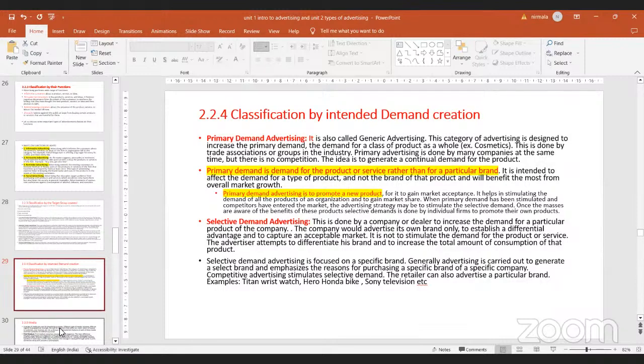That is primary demand advertising, which is generally also done to promote new products. And selective demand advertising is done by the companies and dealers to increase the demand for a particular product of a company or a brand of a company. Most of the time, they advertise their own brands.